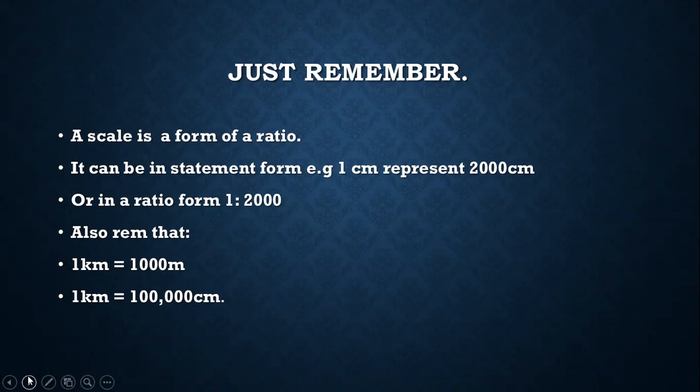When you see 1 centimeter on your ruler, it represents 2,000 centimeters. Also remember that 1 kilometer is equal to 1,000 meters, and that 1 kilometer is equal to 100,000 centimeters.